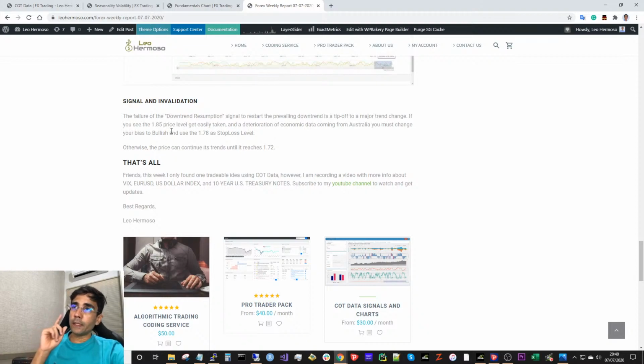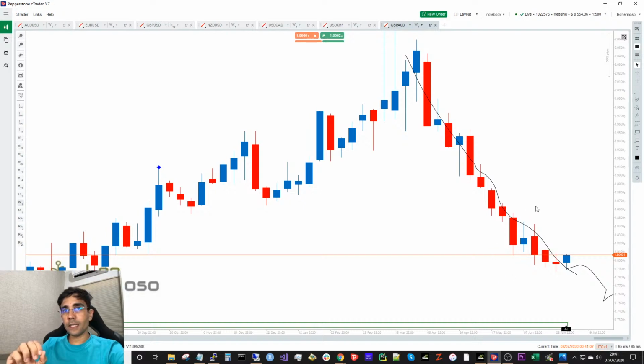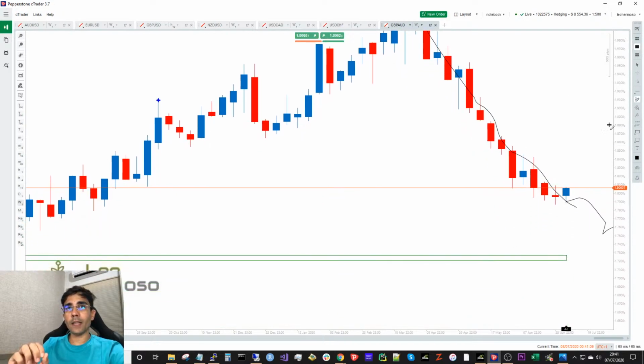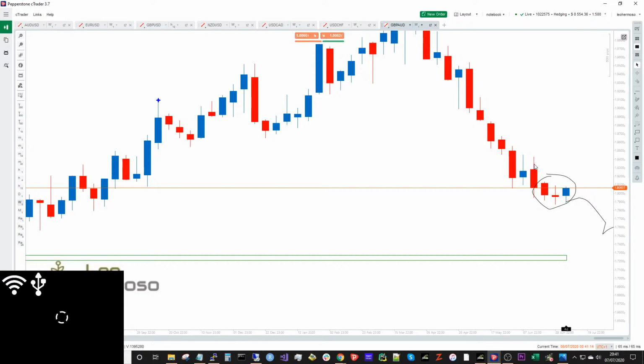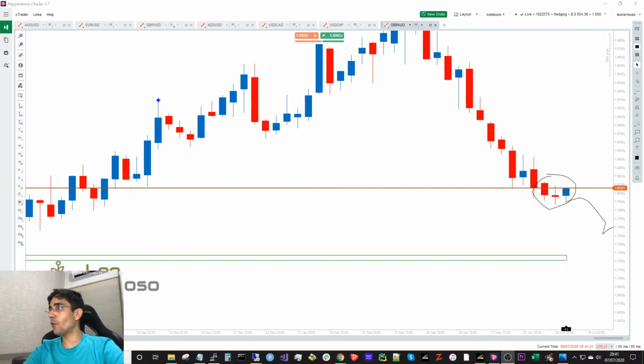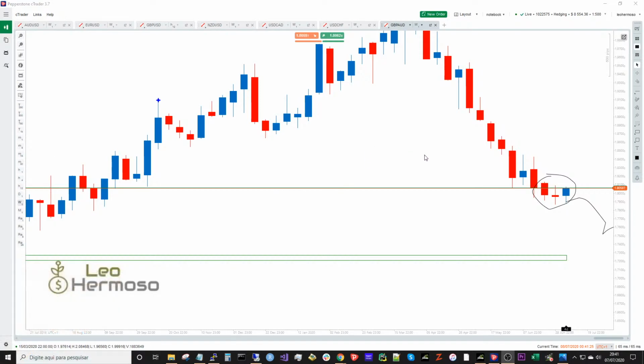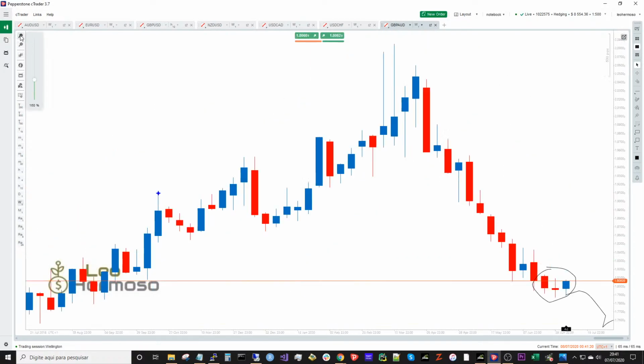See, the failure of the downtrend resumption signal to restart the prevailing downtrend is a tip-off to a major trend change. So again, we are seeing an incredible opportunity to know what is going to happen.